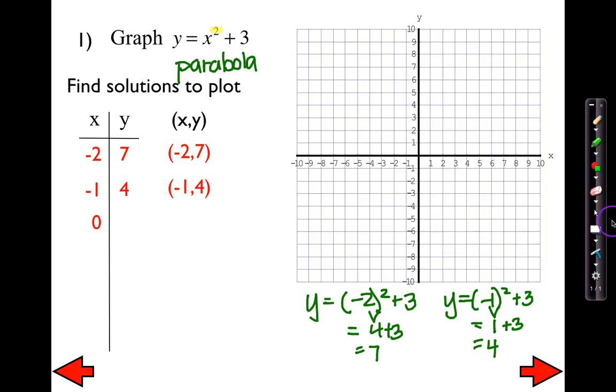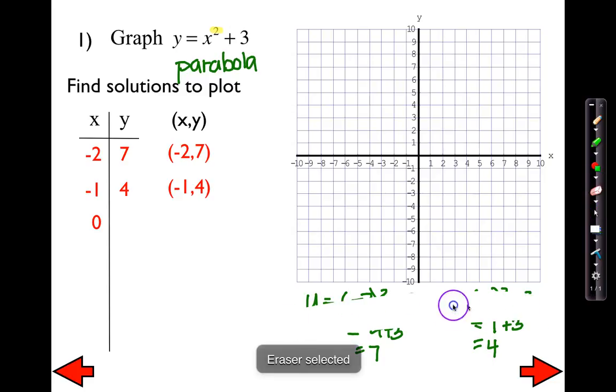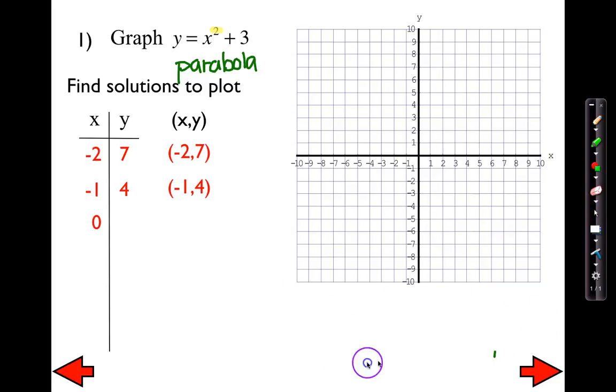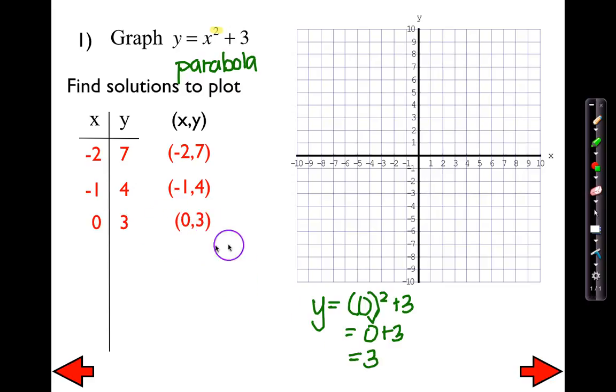If I square 0, I'm going to make a little more space for myself. We're going to use y equals 0 squared plus 3. 0 squared is 0, plus 3 leaves me with 3. So my ordered pair is 0 comma 3.